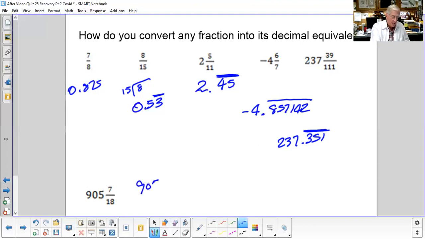You put down the 905, you hit 7 divided by 18. And when you do, you get all 8s after a 3. So 3, 8, 8, 8, 8, 8, 8, 8 keeps on going. Rounds to a 9 on your calculator, but it is repeating 8s. Okay, so you recall that.